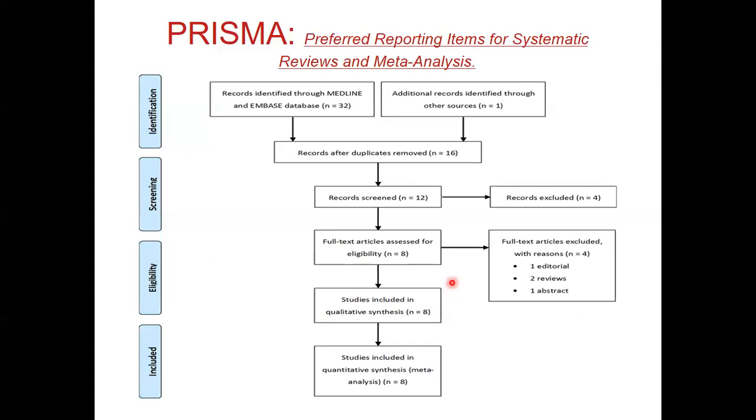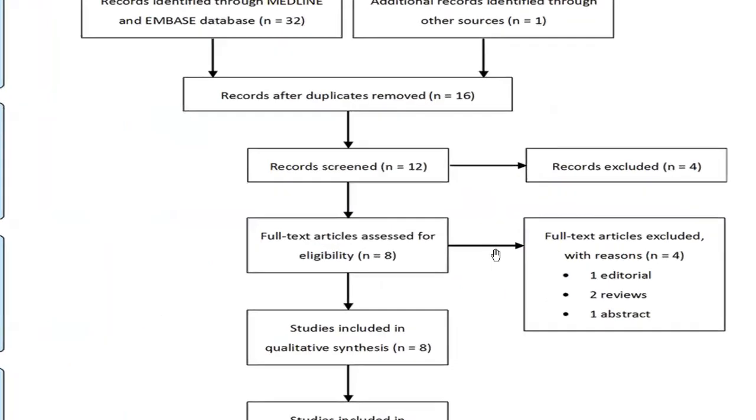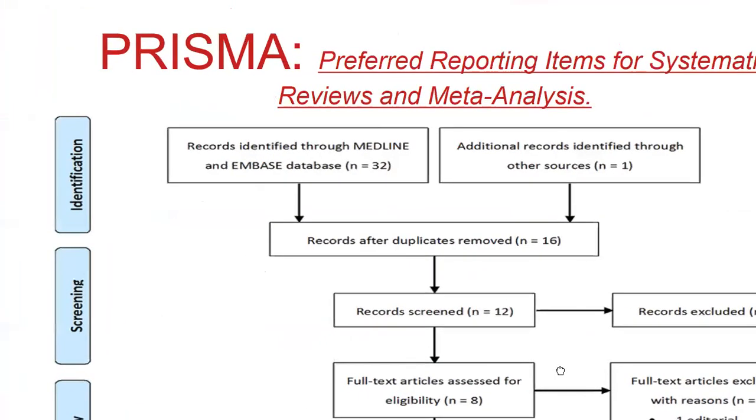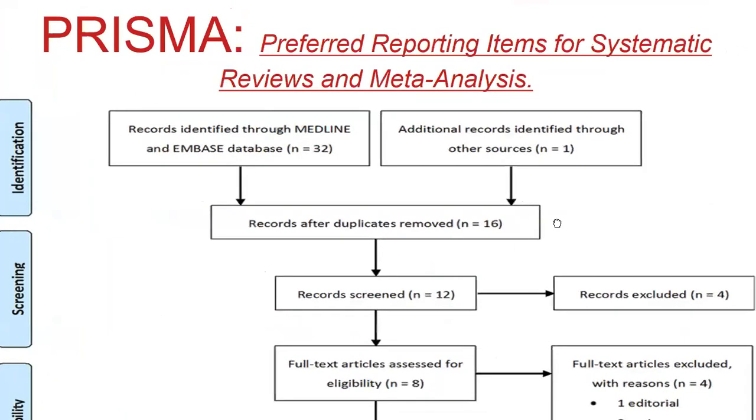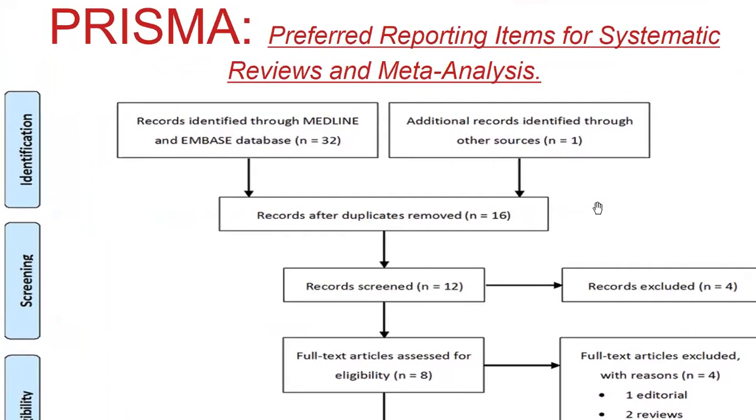So PRISMA is Preferred Reporting Items for Systematic Reviews and Meta-Analyses. Now, this one is mostly used in medical sciences, that's PRISMA, and it simply shows how you did your systematic literature review, okay?